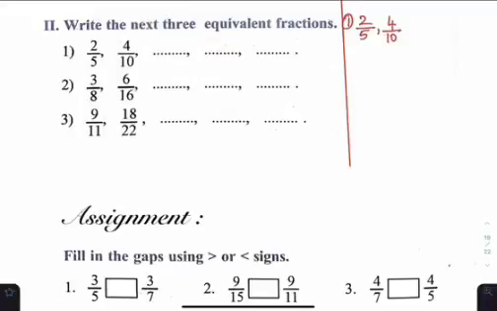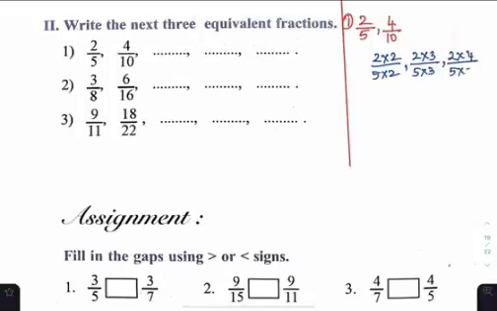So it has to be 2 into 2 divided by 5 into 2. Then 2 into 3 divided by 5 into 3. 2 into 4 divided by 5 into 4. Similarly, last one is 2 into 5 divided by 5 into 5.